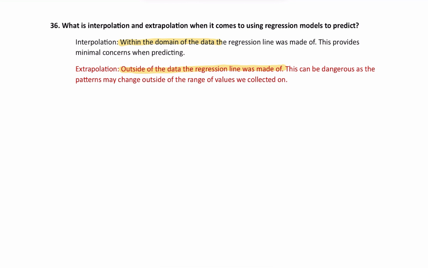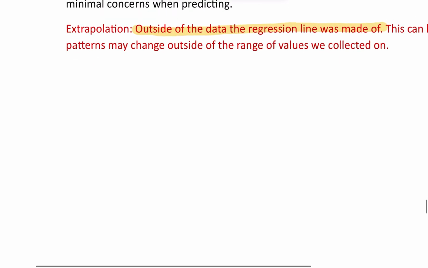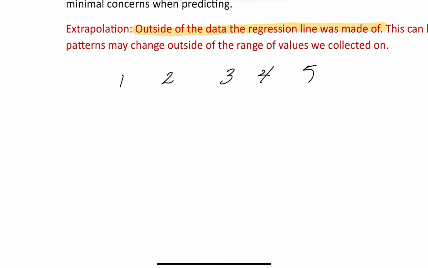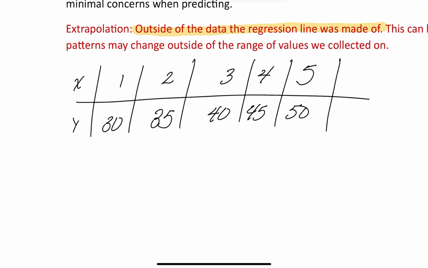So this can cause issues because you don't really know the trend of your data outside of your extreme values for your domain, okay? So let's say we collected data and it went from 1 through 5 in the domain, right? Domain is correlated with your x values, and then your range is correlated with your y values.